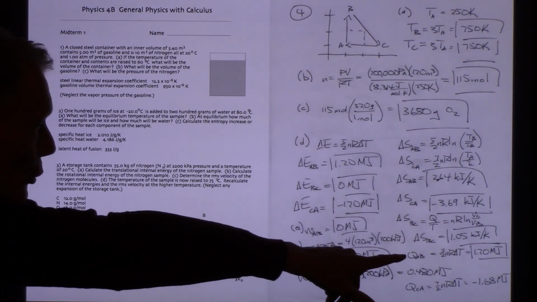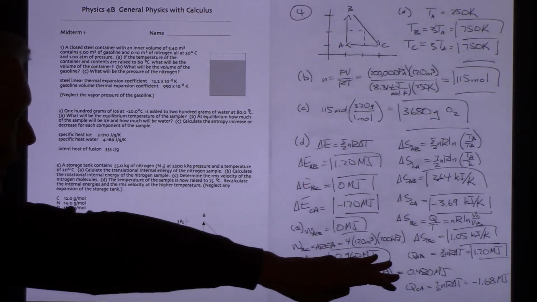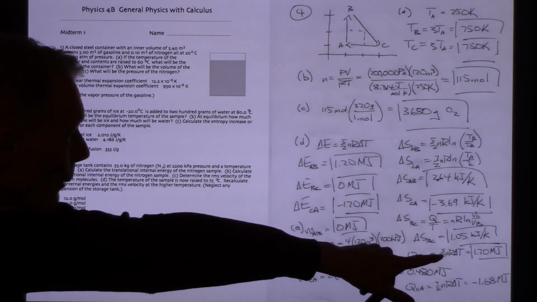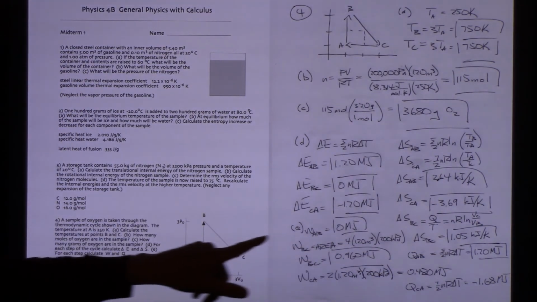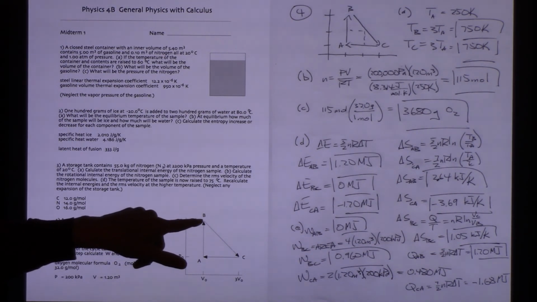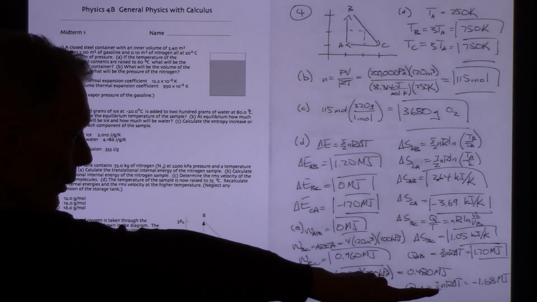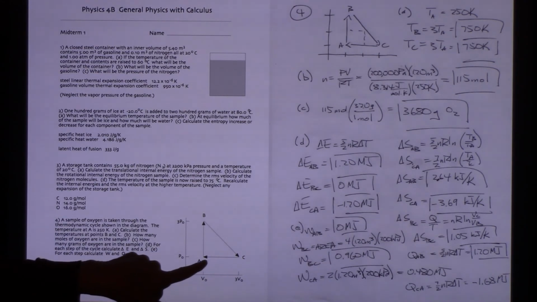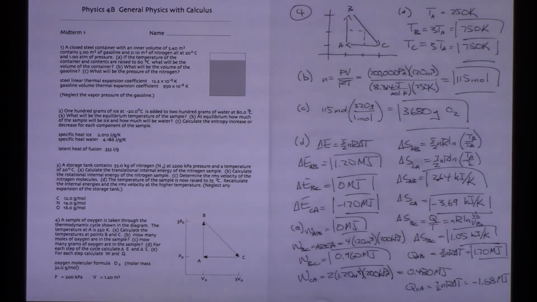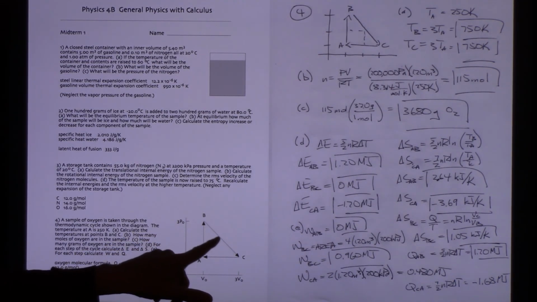On the Q side here, calculating the Qs, I'm going to get 5/2 nR delta T because this is a constant volume process. I am going to get 7/2 nR delta T here for C to A because it is constant pressure. But what am I going to get for Q from B?